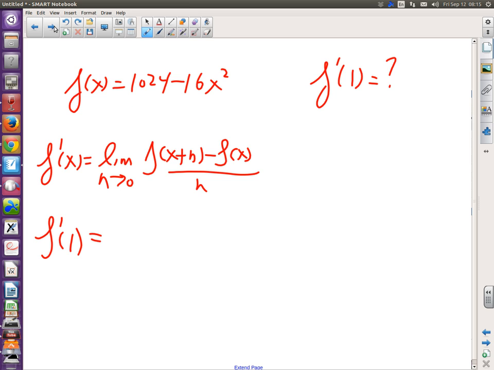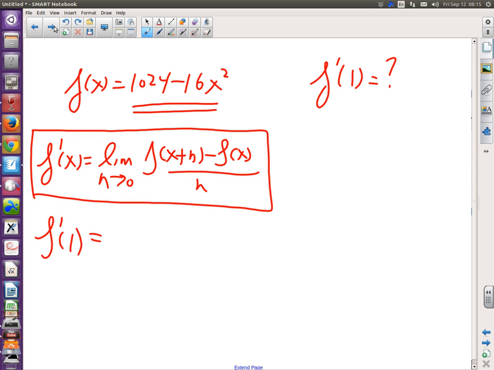When f is this, can you rewrite this in terms of that function? This is a general statement for all differentiable functions, right? Can you write it specifically for this function at this point? That's what I want. So, how do you write f of x plus h? Well, x is 1. And f is 1024 minus 16x squared.